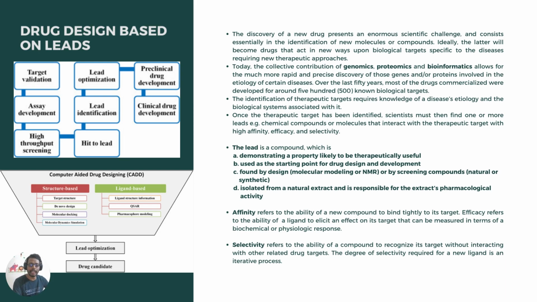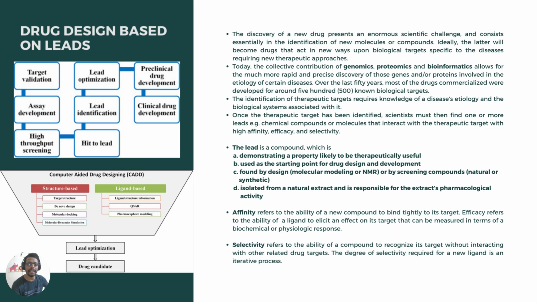From this database, the therapeutic targets will be identified, and once the therapeutic target has been identified, scientists must find one or more leads, such as chemical compounds or molecules that interact with the therapeutic target with high affinity, efficacy, and selectivity.